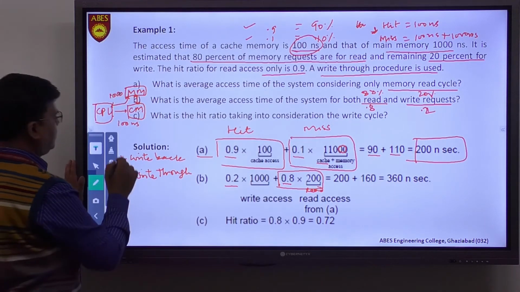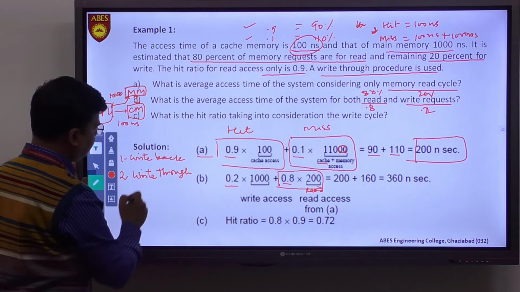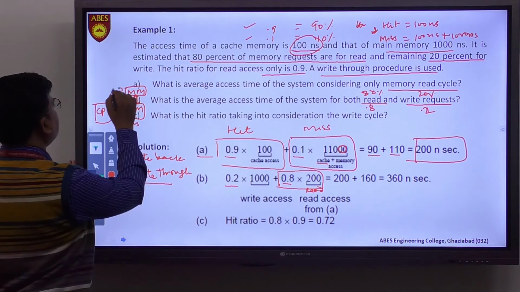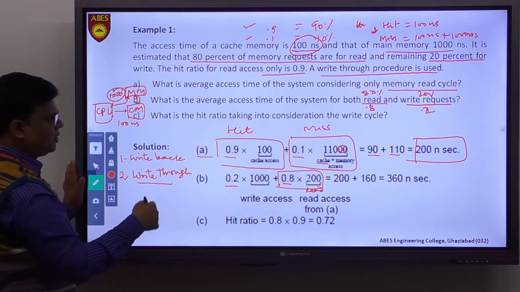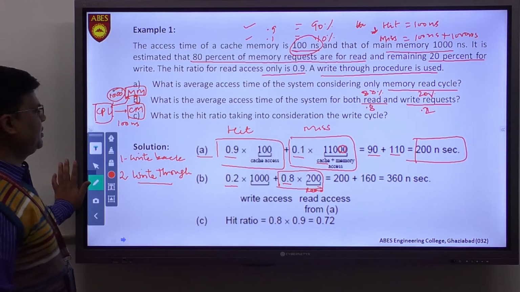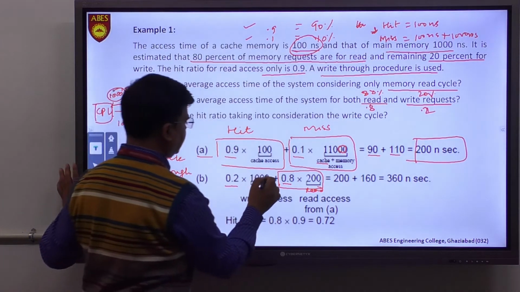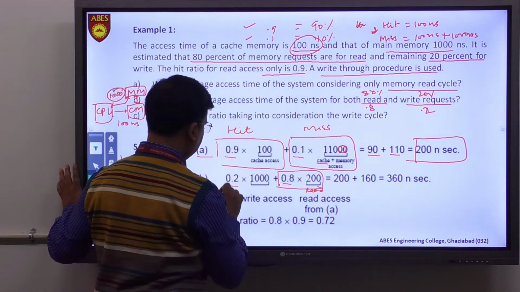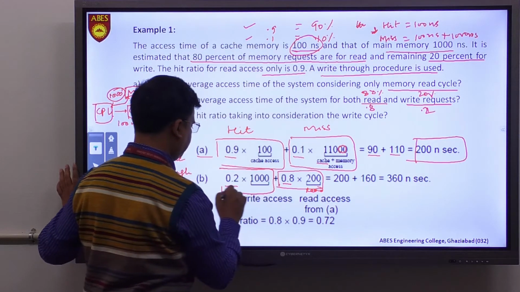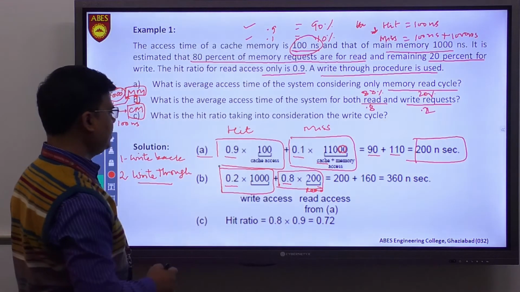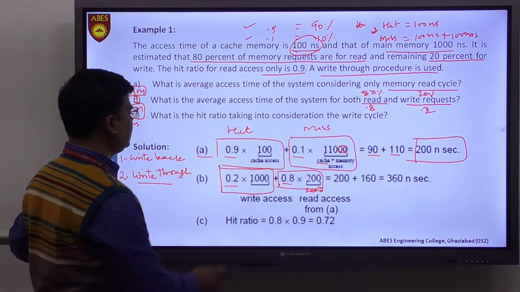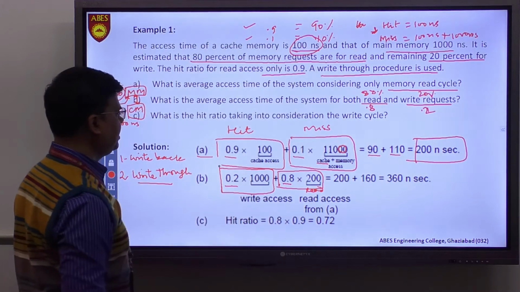Whenever data is written using the write through process, the longest time taken to write the data into the main memory will be considered. So that's why it is taken here for the write purpose. So the 20% requests will take 1000 nanoseconds, so we have multiplied by this one.